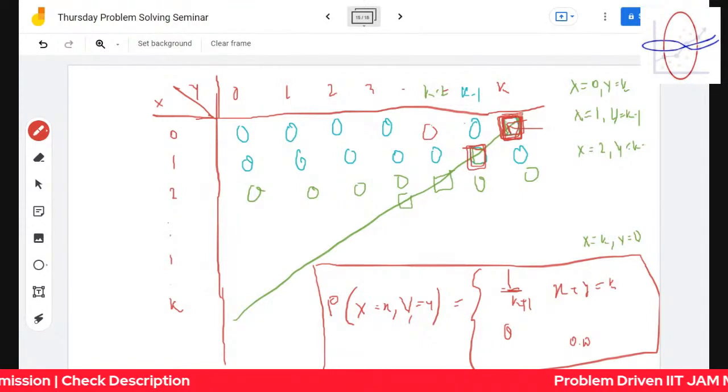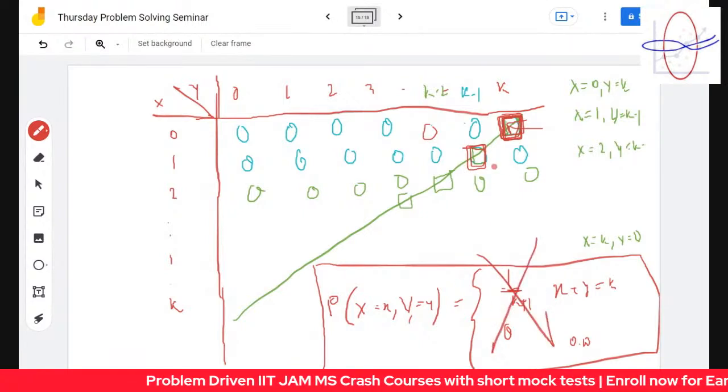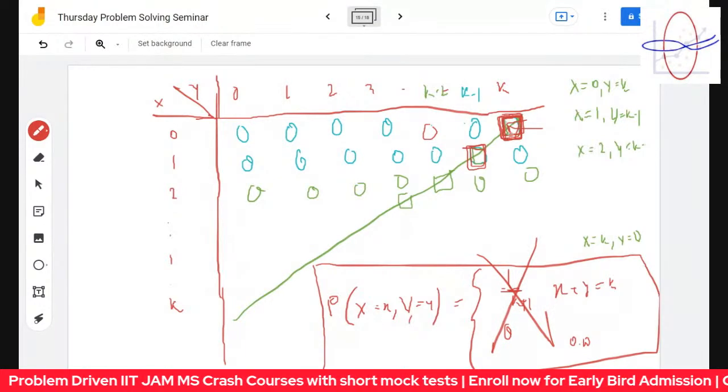The fundamental thing I assumed wrong is that these two have the same probability.